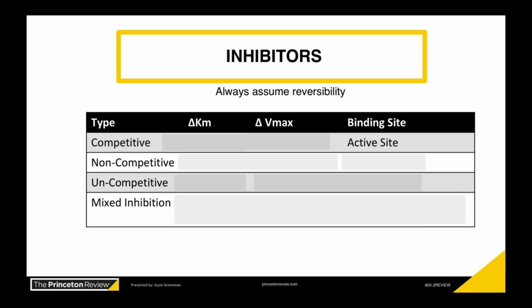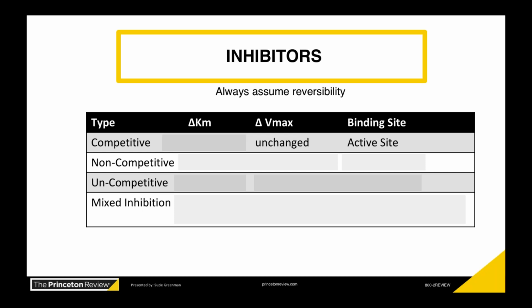And the answer is yes, right? Eventually, I'm going to be able to outcompete it. I'm going to be able to saturate and put enough substrate in there that I have 1,000,000 to 1. So my Vmax for a competitive inhibitor is going to be unchanged.